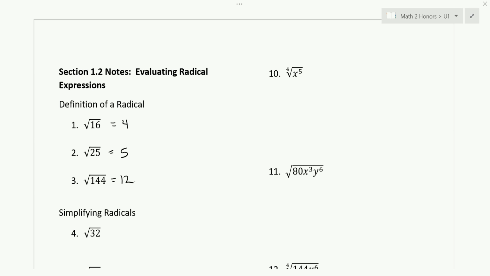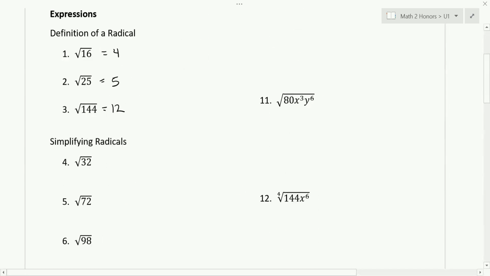And simplifying a radical is, well, square root of 16 is 4. But if we have something that doesn't work, our method for simplifying a radical is going to be to break the number down to see what it's made of, see what the prime numbers are, or any other factors. So 32 is 4 times 8.